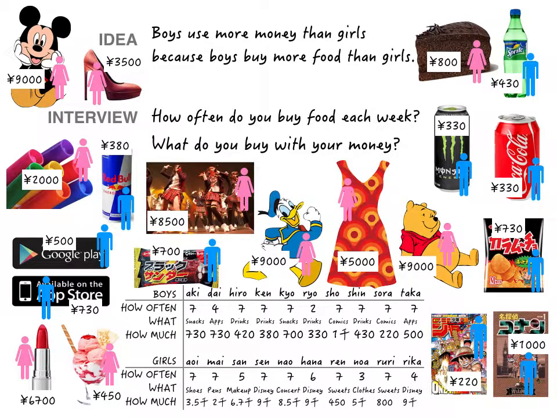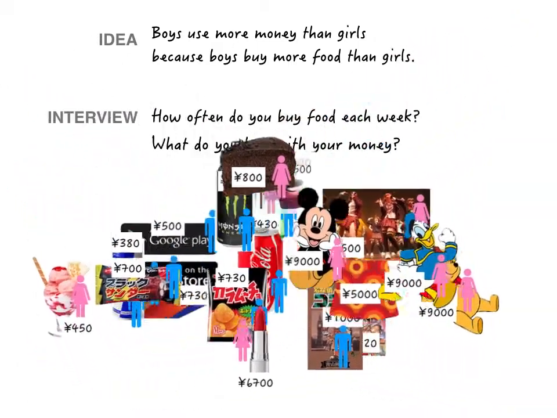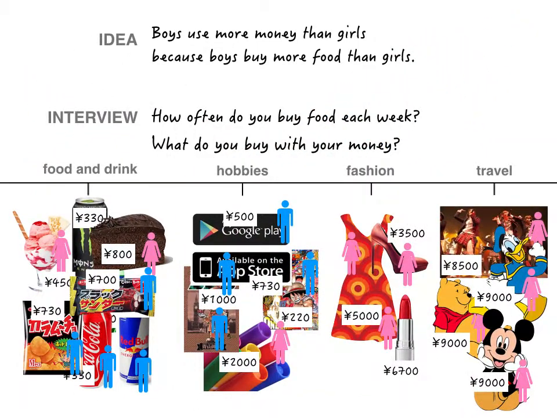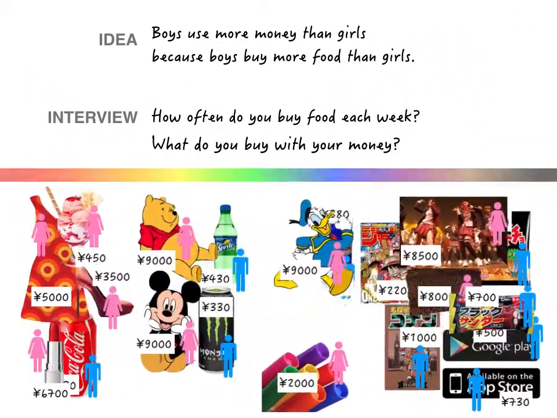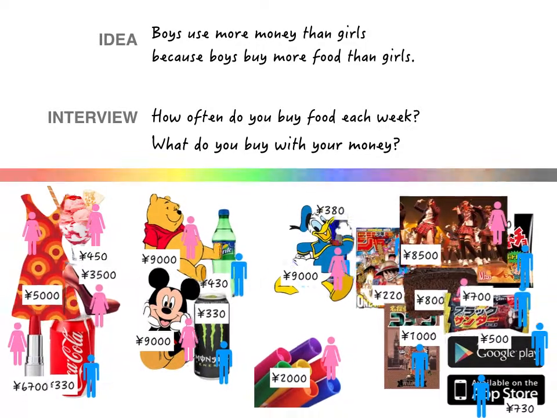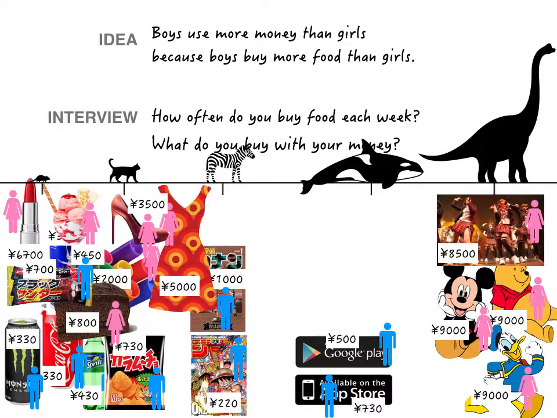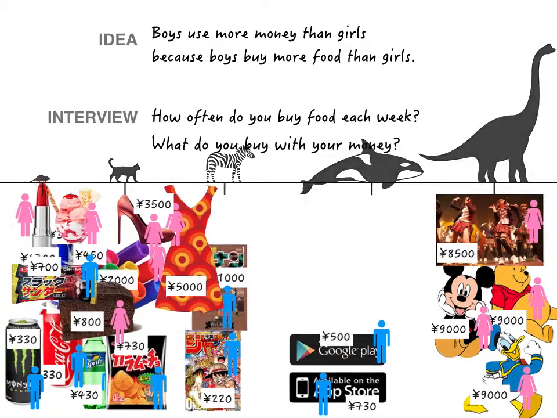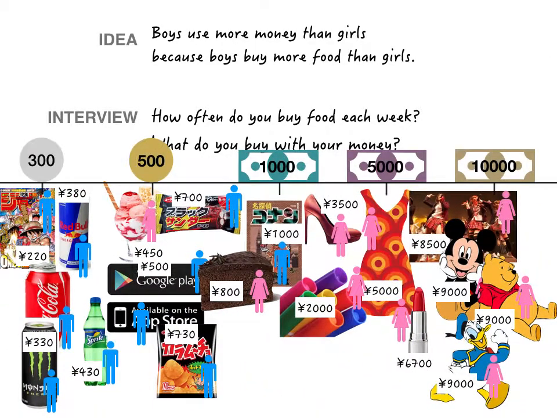These answers can be grouped by kind, or color, or size, or by price. By using groups, you can understand your results and check if your idea is true or not.